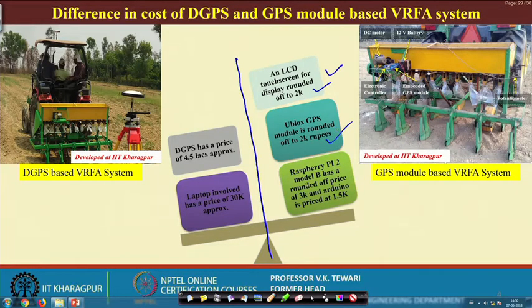Then the Raspberry Pi 2 Model B has a rounded off price of 3K and the Arduino price is 1.5K. And what is here? The GPS, which has a price of about 4.5, because you need one at the base and one at the rover, then a laptop, which is about something of the order of this. So, you can see how much is the difference between these. This is 2000, this is 2000, 4000, and this is 3000, about 7000, and this is 8500 roughly.